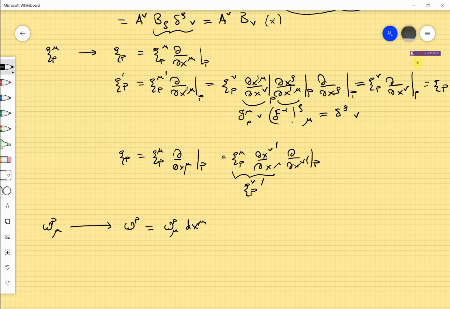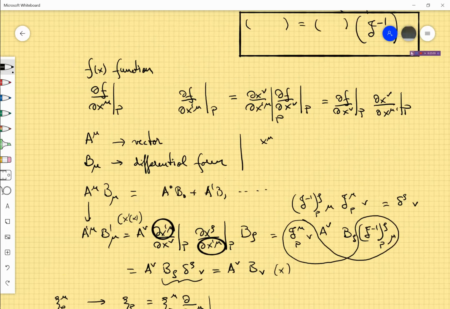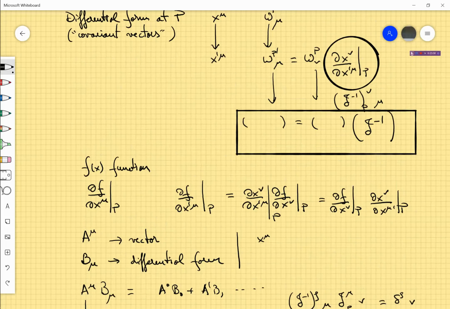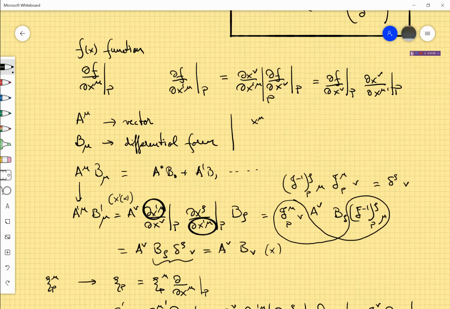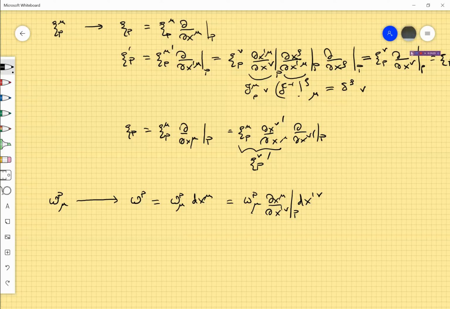So if I use the chain rule, okay, everything evaluated at p, then you see that this is exactly the same definition, I mean, this transformation that appears in the definition of differential form. The only difference is that I have used different indices, but as you know, the particular names of the indices do not really matter.